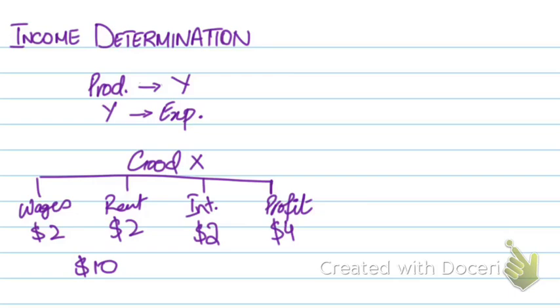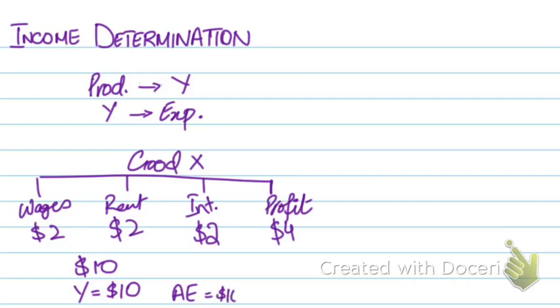And this $10 is also the income of the producer, right? He earns $10 by selling the good X. His profit is $4, but he gets $10 for selling the good, while the household spends $10 for the good, right? So let's say this is the only one good in the entire economy.